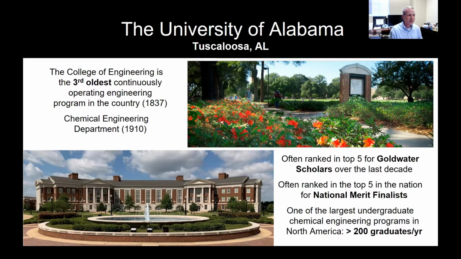So we're typically ranked in the top 5 in Goldwater Scholars. This is the top recognition of undergraduate students in science and engineering in the country. And then we typically rank in the top 5 in terms of national merit finalists. And then also, last time I checked, we were either the 4th or the 5th largest chemical engineering program in the country as well. So this last year, I believe we graduated around 200 or 220 undergraduate students from our program.